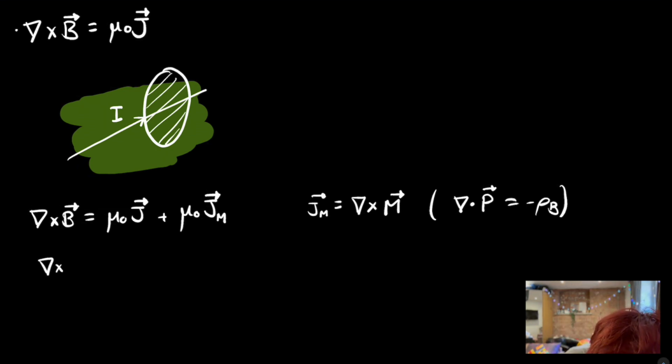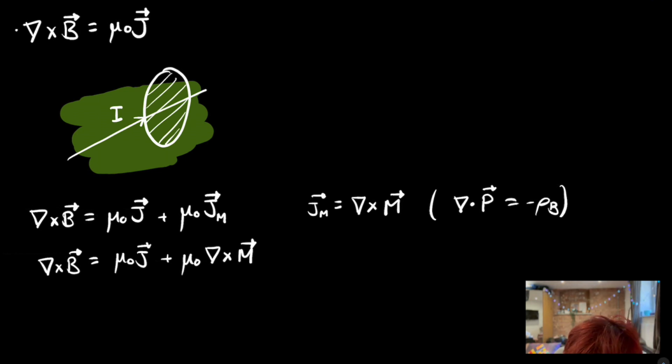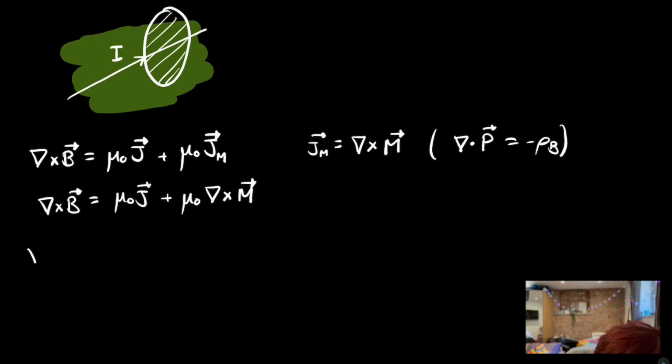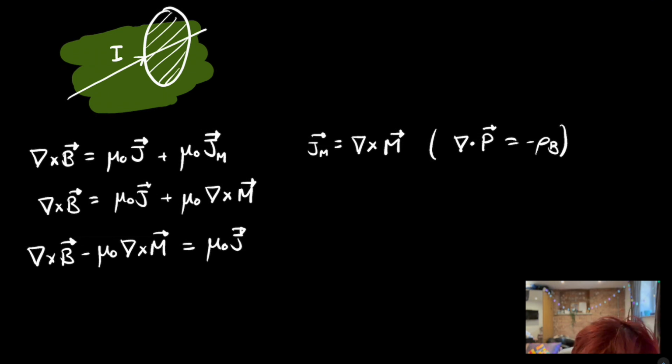So we're going to have curl of B is equal to mu naught J, as we had before, plus mu naught Jm, but we said Jm is simply the curl of the magnetization vector right here. And so I'm going to subtract this right-hand term from both sides. So I'm going to get curl B minus mu naught curl M is equal to mu naught J right here. And you can actually factor this curl in like this.